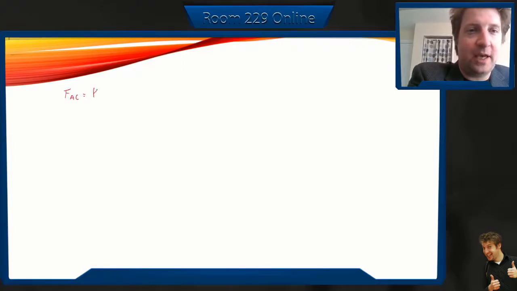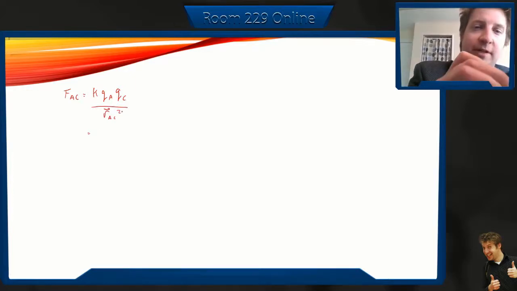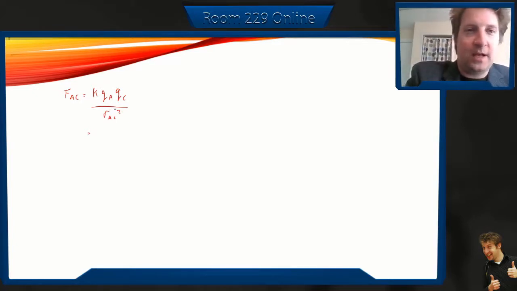All right, this is going to be K, charge of A, charge on C, divided by the distance between A and C. Oops, why did I vector it? I meant to square that and put a vector on top of it instead. Okay, so what's that going to be?